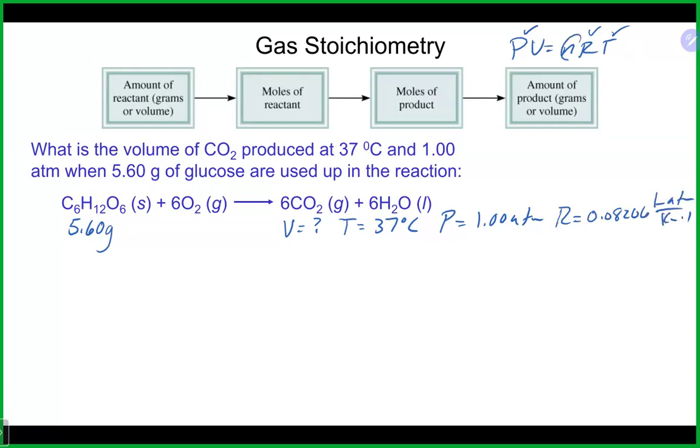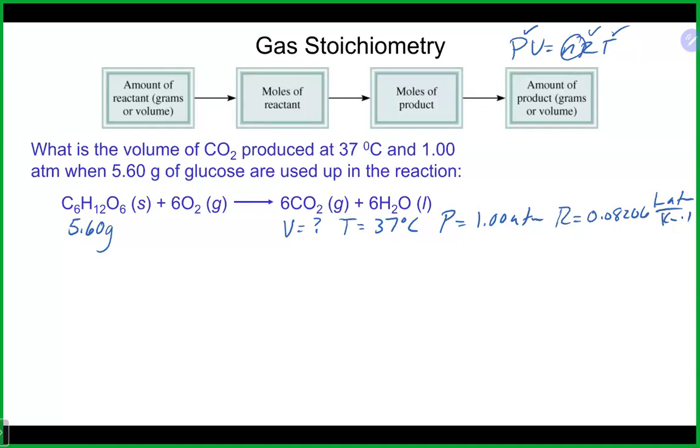So really the only thing we're missing to solve for the volume of the CO2 is the moles, and that's going to come from the stoichiometry part. We're going to use stoichiometry to figure out how many moles of this gas we would produce.